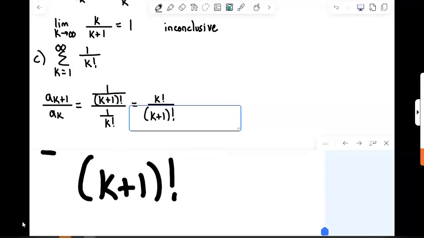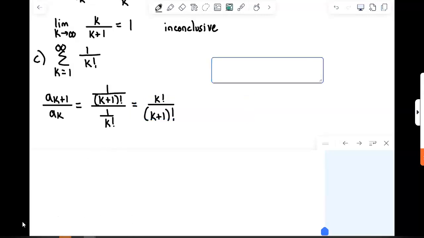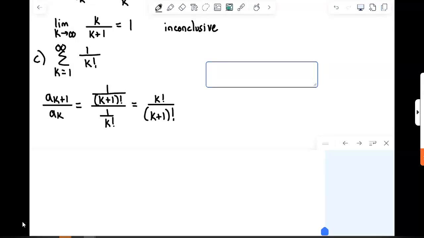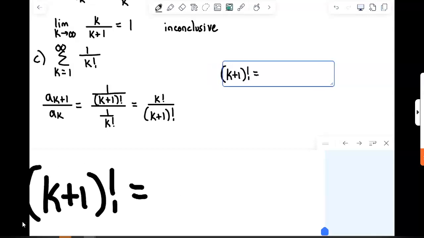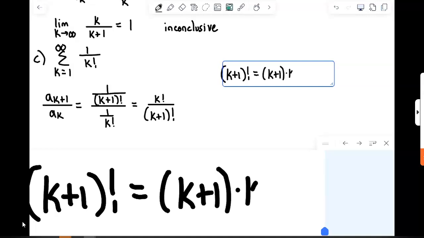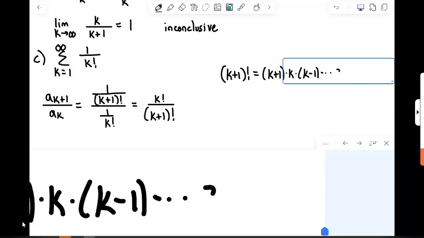What can I say about this? How in the world do I simplify k factorial over (k plus 1) factorial? Well, we talked about this a little bit, but it's worth revisiting here. (K plus 1) factorial, remember, the definition of the factorial means take that thing times the next term times the term after that, and continue that pattern all the way down to 1.